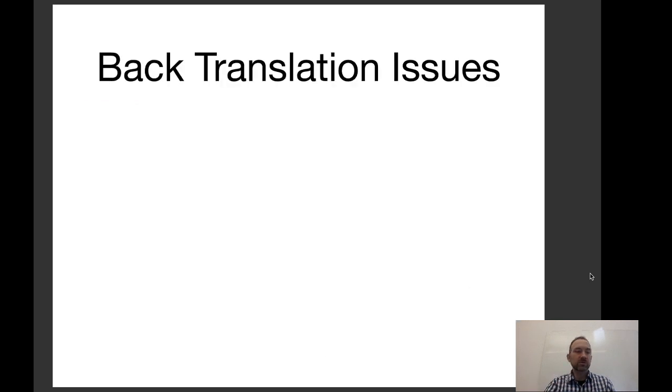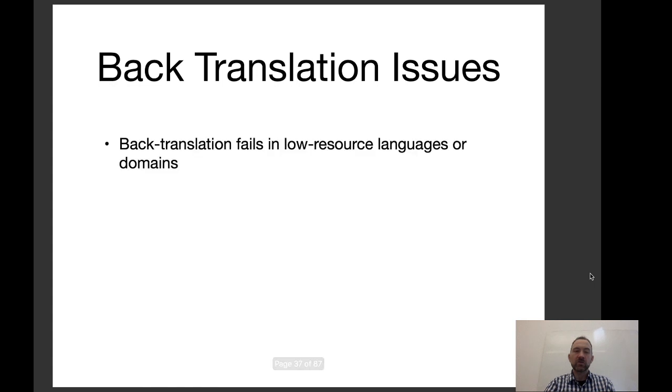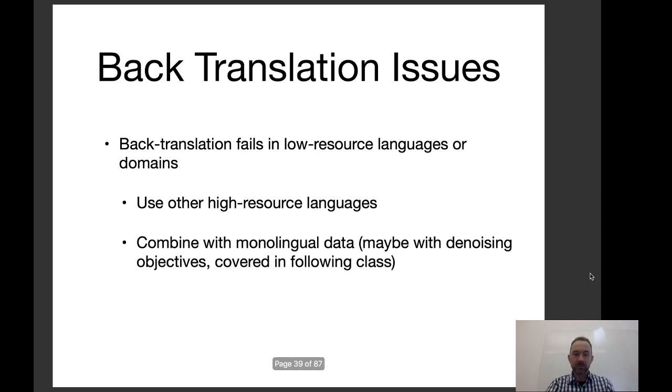So as I said, back translation is a very successful method. I would definitely suggest considering it if you're planning on doing translation tasks. However, back translation fails often in low resource languages or domains. So there's a couple of remedies to this. One remedy being using other high resource languages for training.